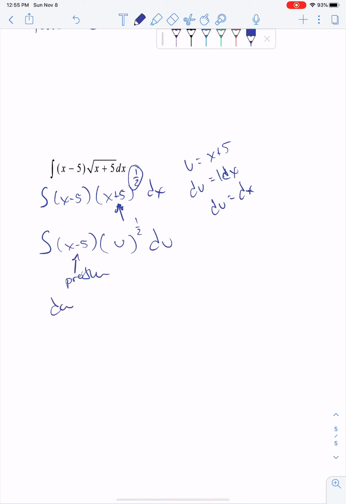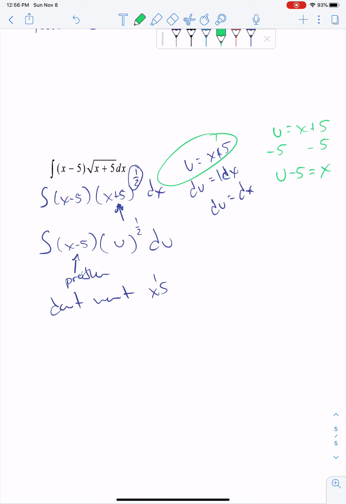We don't want x's. We got rid of some of them over here, but we have that x minus 5 still. But what's cool about this is if I go back to my u function, and I say u equals x plus 5, and if I minus 5 from both sides, then u minus 5 is equal to x.